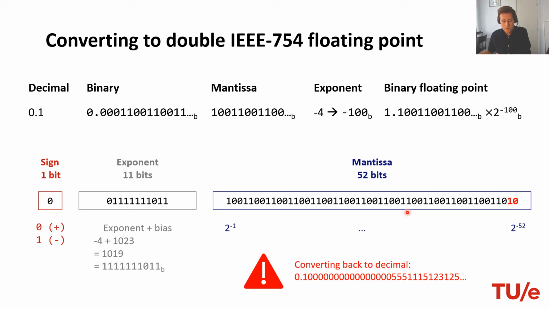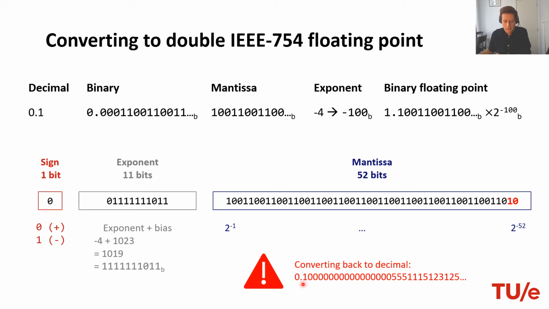So your computer actually has no notion of the exact number 0.1. It will always see this as 0.10000, etc., 555.